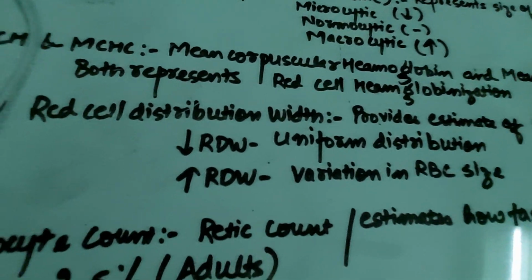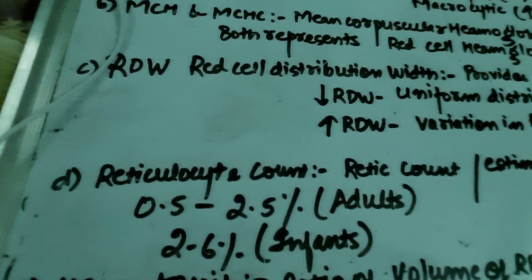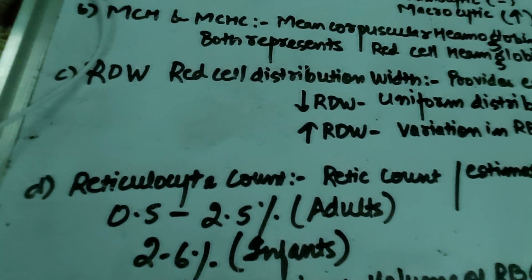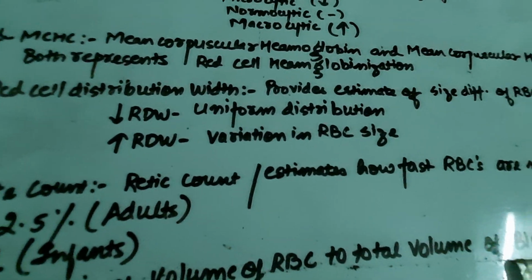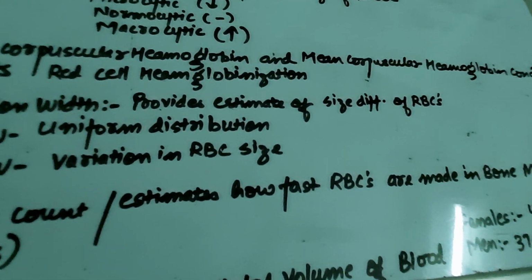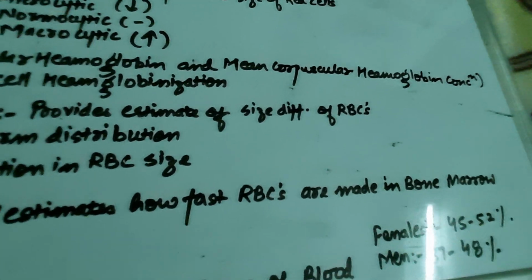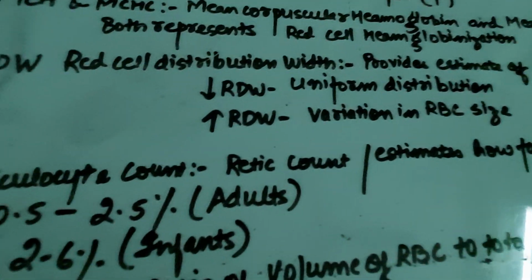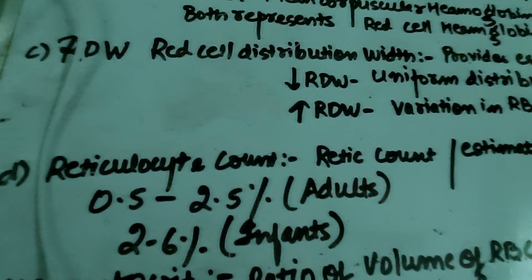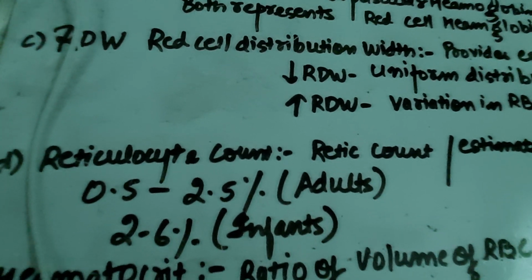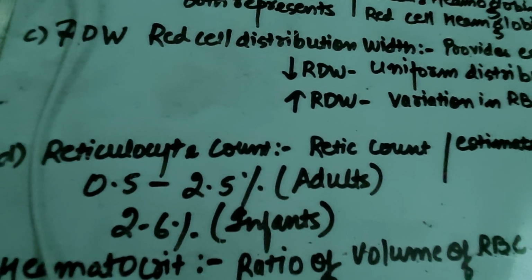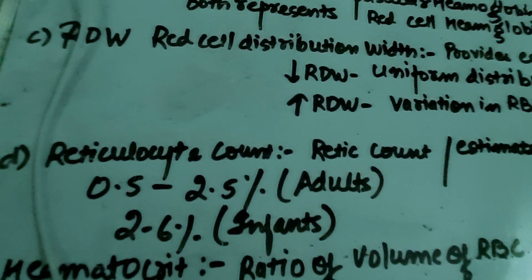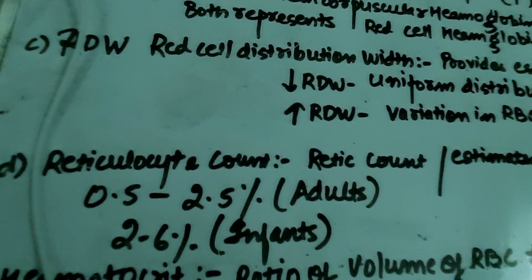The next important index is reticulocyte count. It is very important, also known as retic count, and it estimates how fast RBCs are made in the bone marrow. The normal value of reticulocyte count in adults is 0.5 to 2.5%, whereas in infants, we know there is more production of RBCs, so the retic count is 2 to 6%.